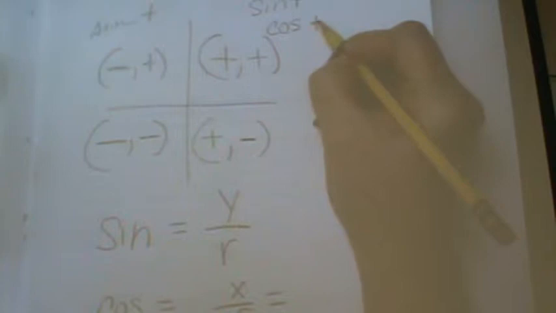Are you guys okay? Okay, cosine. Cosine is x over r. Well, in what quadrants is the x value positive? R is always positive. 1 and 4. So cosine is going to be positive here and here because x is positive.